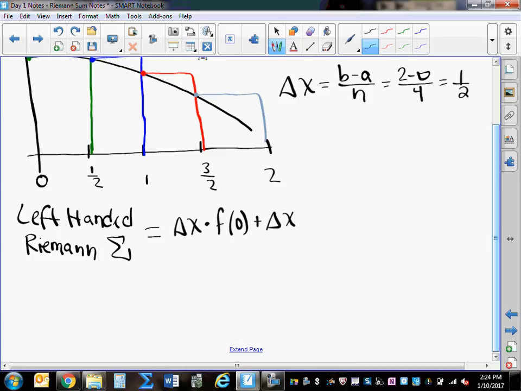Do you guys agree we can take out that delta x and rewrite it? Let's do that. Make our lives a little bit easier. Alright. So f of 0 was my first one. f of 1/2 is my next one. Then f of 1. Then f of 3/2.